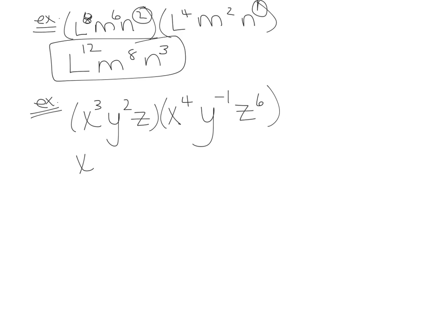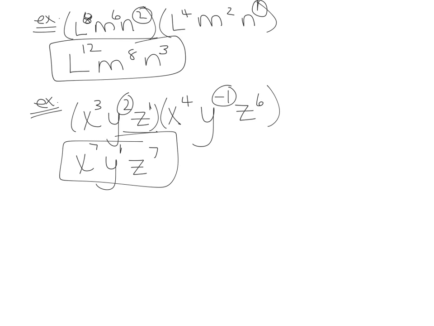So I get x to the 7th. What about y? 2 and negative 1 make positive 1. Z doesn't have an exponent. Let's give it a 1. So I have z to the 7th. If I circle this, I can technically lose 1 point. How come? I technically do not need this 1 right there, so I can go ahead and erase it.